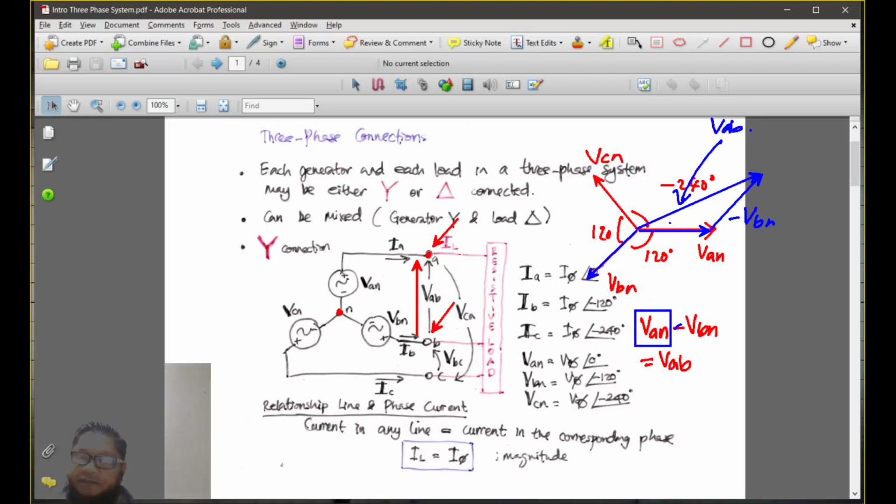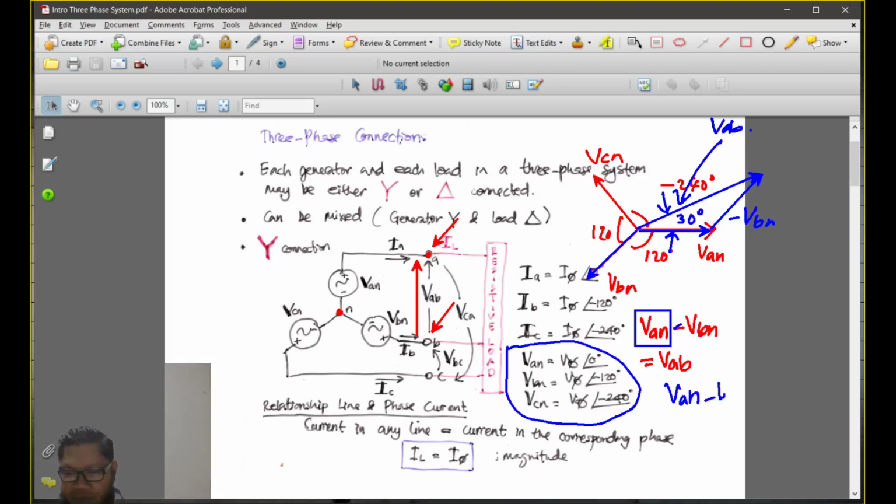And we know that VAB will lead VAN by 30 degrees. How to prove that the line-to-line voltage is leading VAN by 30 degrees? That can be achieved by using the rectangular form.